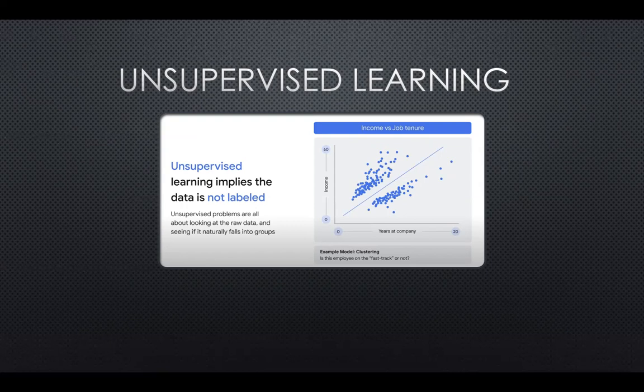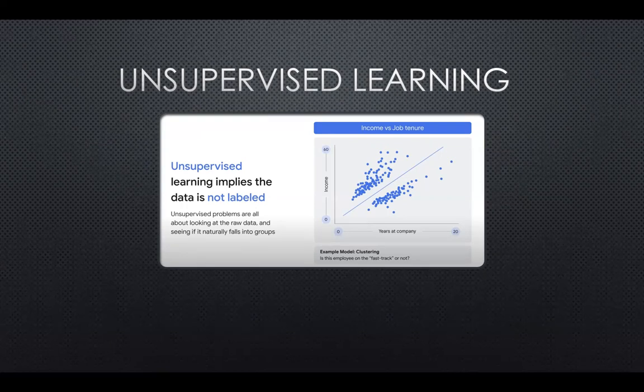But interestingly, this data seems to fall into two groups. That is, there is a section of employees who are fast track. They are achievers, super achievers, they are on a fast track. They're doing much better than peers in the other group, given the amount of years that they have spent at a company.